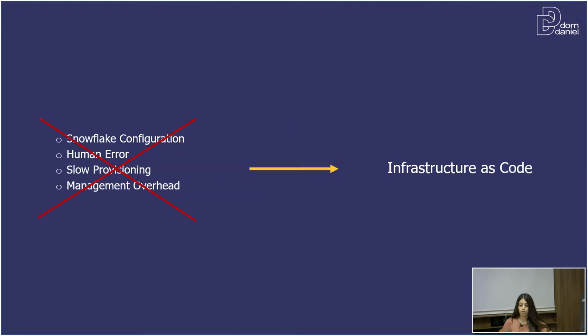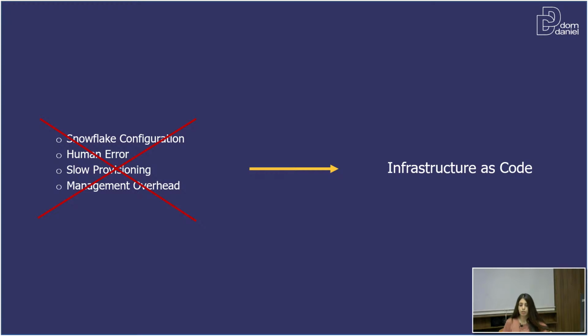To solve all these problems, infrastructure as code has been introduced. Infrastructure as code suggests that the whole infrastructure should be written in a piece of code. This code can be used to recreate resources exactly, and also whenever there's need, we can refer to this code to get information about our resources.